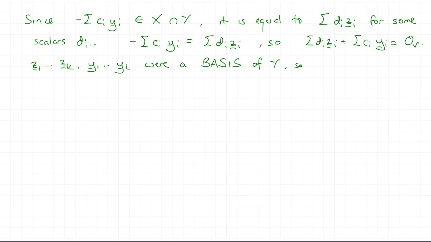And if they're linearly independent, and we've got this linear combination of them being the zero vector, all of our scalars in that linear combination must be 0. In particular, all the c's are 0.